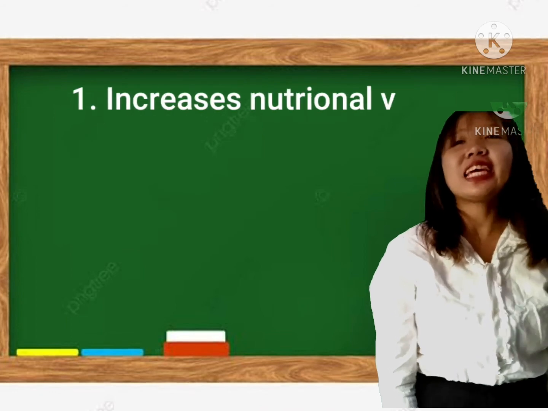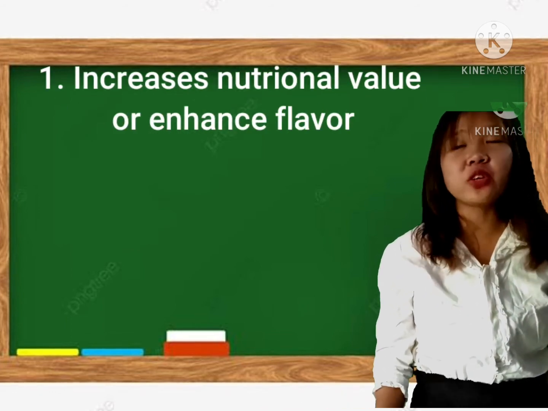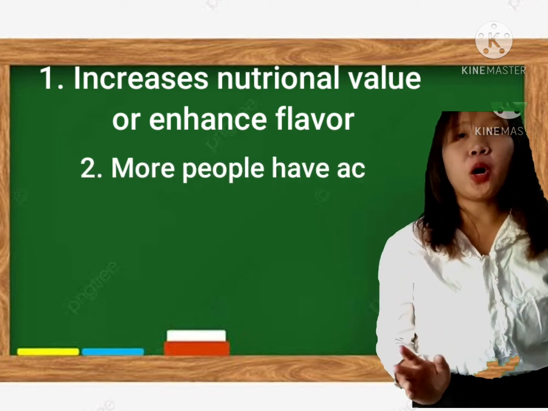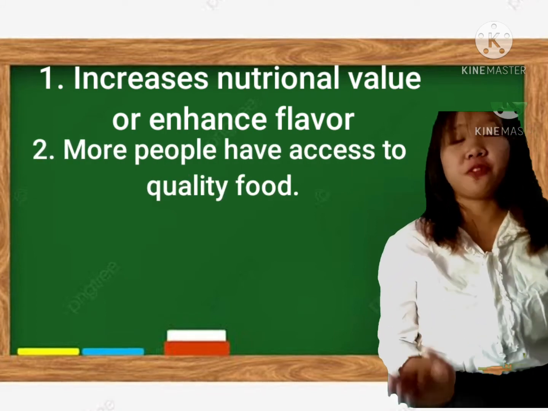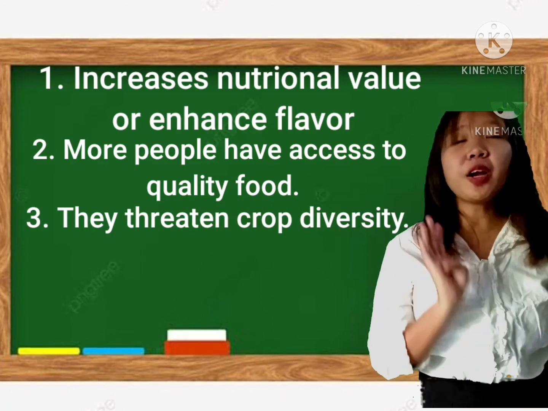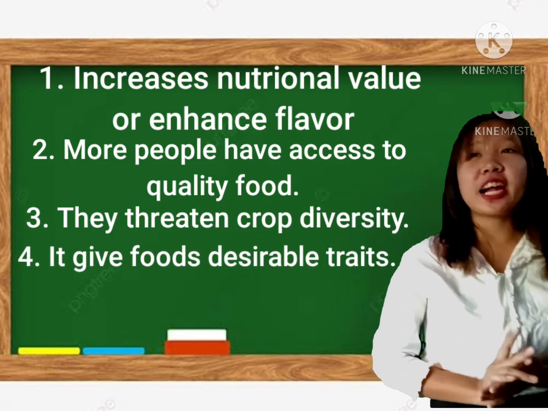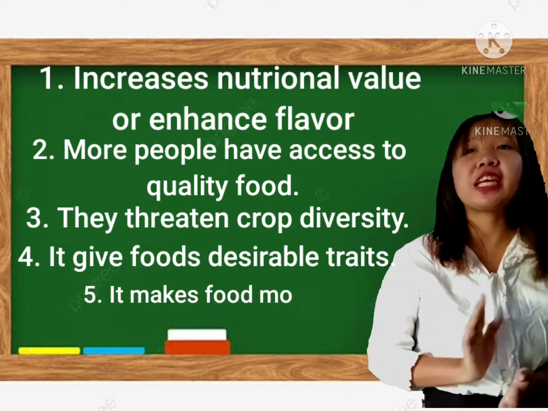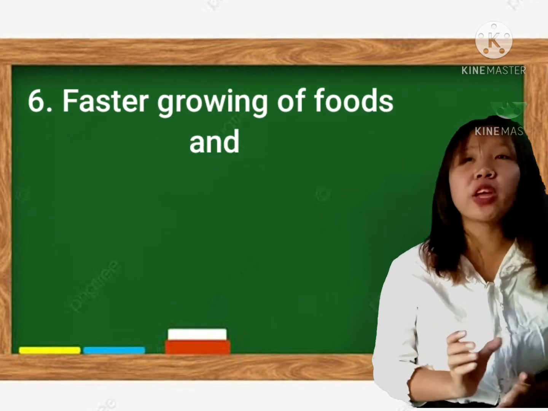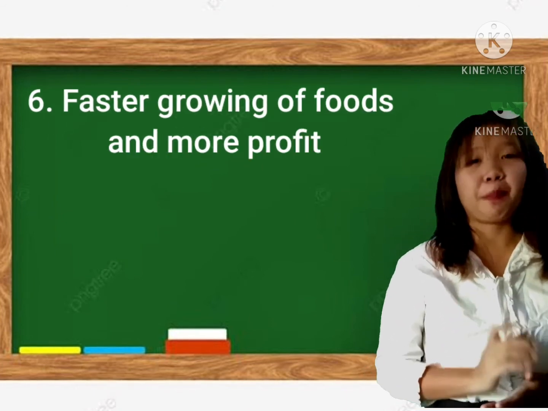Number 1, it increases nutritional value or enhances flavor. Number 2, more people will have access to quality food. Number 3, they threaten crop diversity. Number 4, it gives food desirable traits. Number 5, it makes food more nutritious. Number 6, faster growing of foods and more profit.